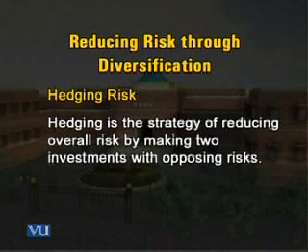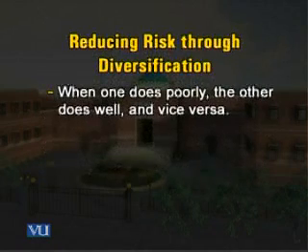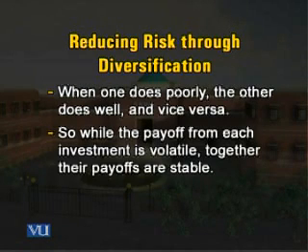Formally, we can say hedging is the strategy of reducing overall risk by making two investments with opposing risk. When one does poorly, the other does well, and vice versa. So while the payoff from each investment is volatile, together their payoffs are stable.